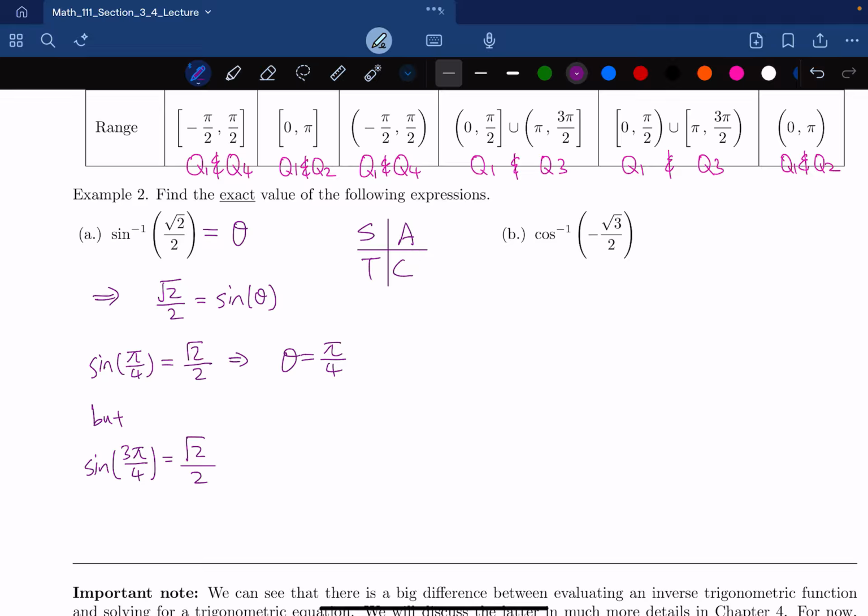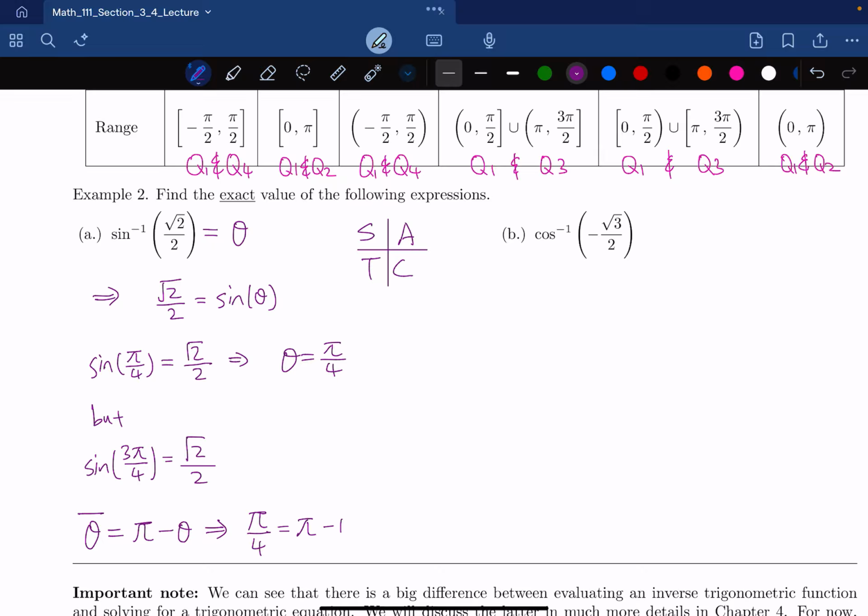So the way we find this is that the quadrant 2 angle has a reference angle of pi over 4, right? Because we're saying in quadrant 2, sine also has positive values. So what we're really saying here is theta is equal to, the formula in quadrant 2, by the way, is pi minus theta bar. And theta bar is my reference angle, which is pi over 4.